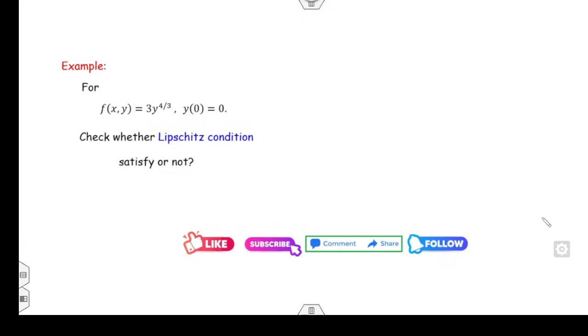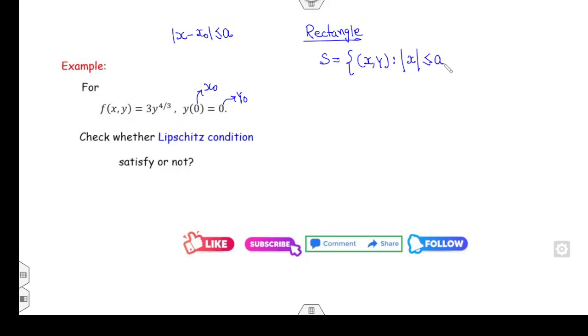Look at the another one. Now you can see, first of all, we can define the rectangle. The rectangle is the collection of all those elements of x and y such that modulus of x minus x naught is less than or equal to a. The point x naught is given, the point y naught is given. So x minus x naught is my 0, y naught is also 0.